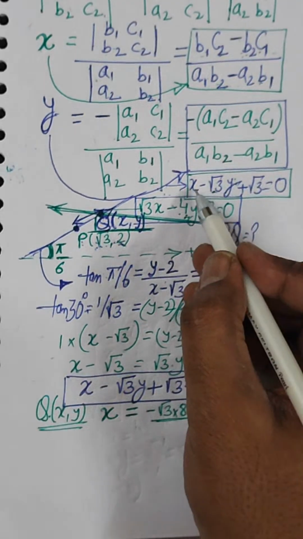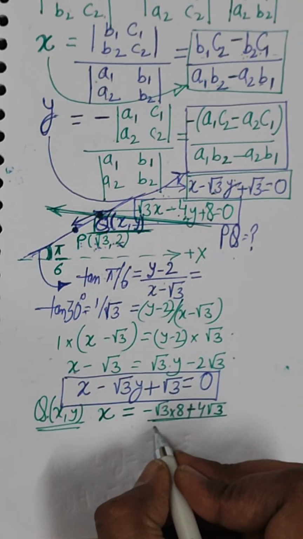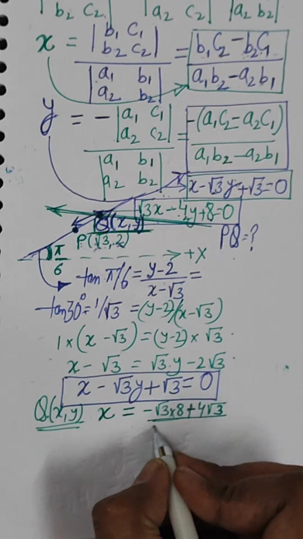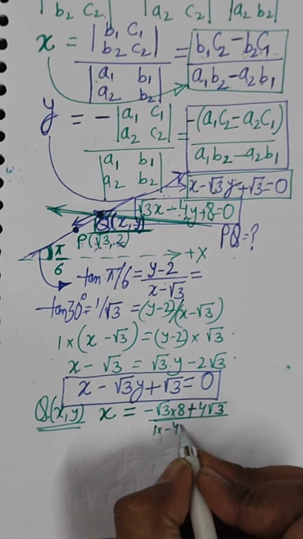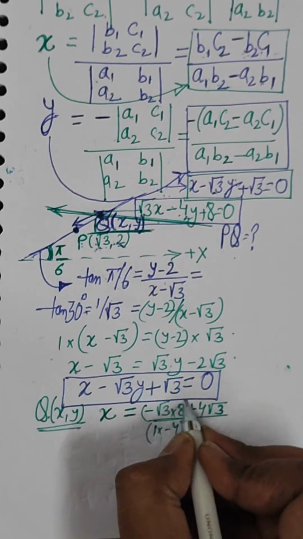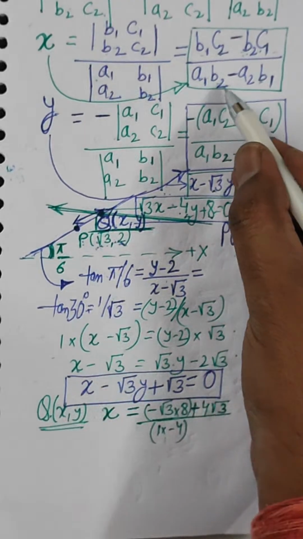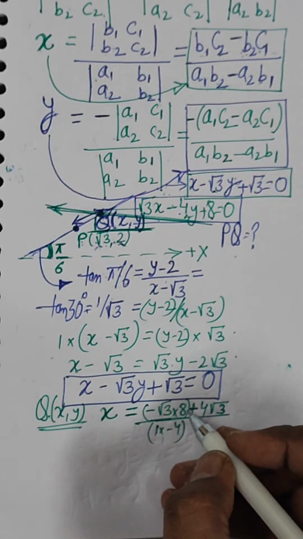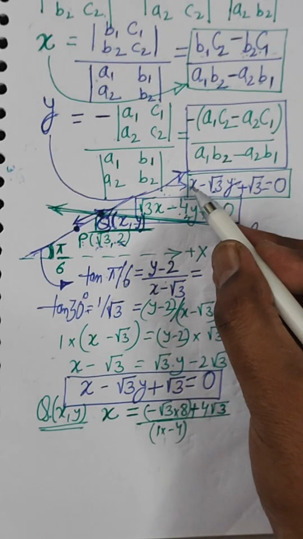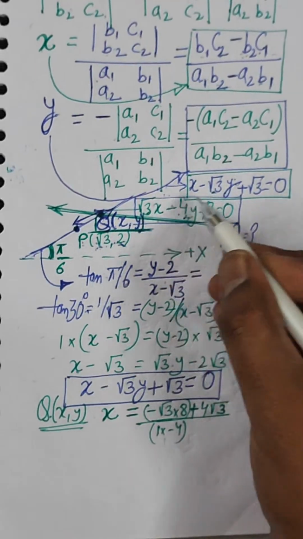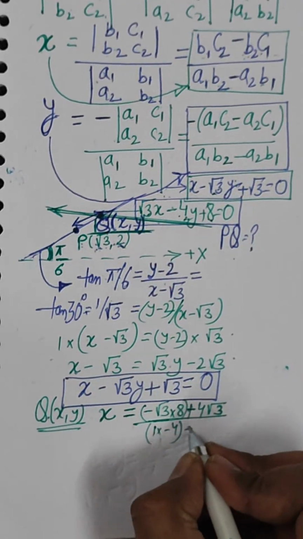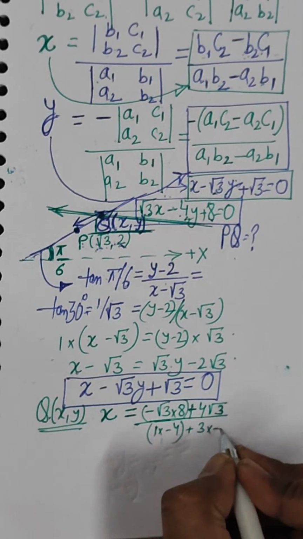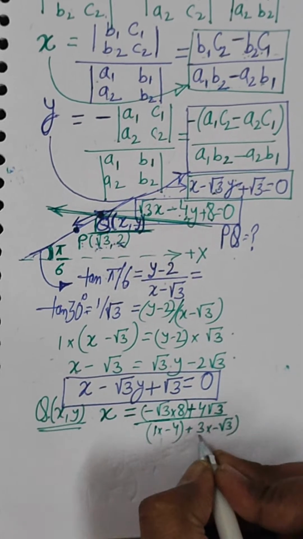So a1 b2 will be 1 into minus 4, then minus a2 b1. What is a2 b1? a2 b1 is 3 into minus root 3.